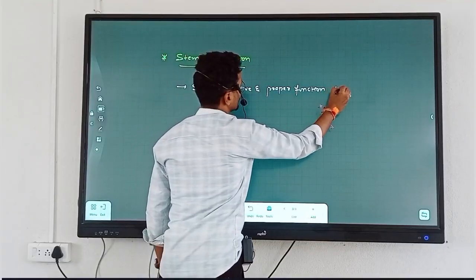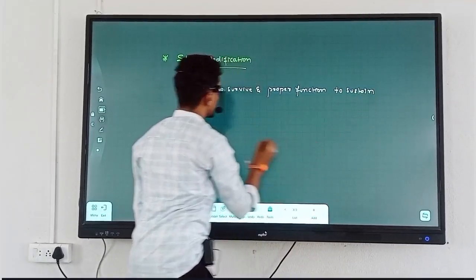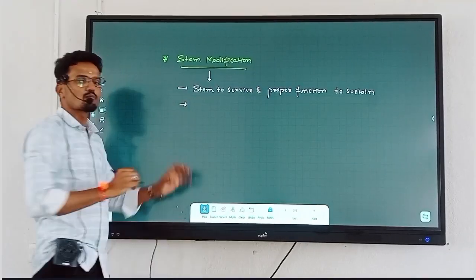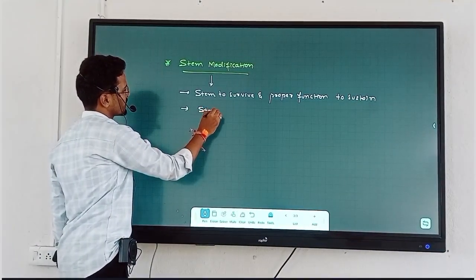It makes some modifications, and those are called stem modifications.